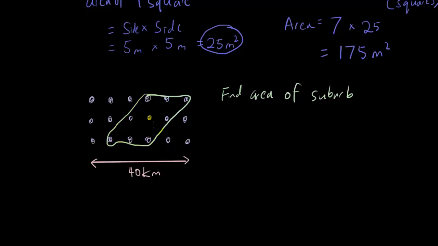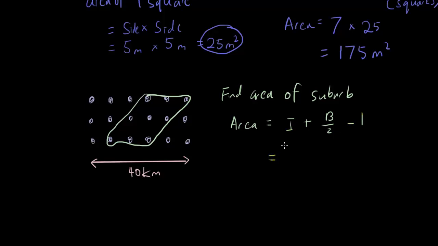Well, firstly, we will just go through the Pick's formula, which tells you how many squares are within this green shape. So the area, in terms of number of squares inside the green shape, is I plus B over 2 minus 1.